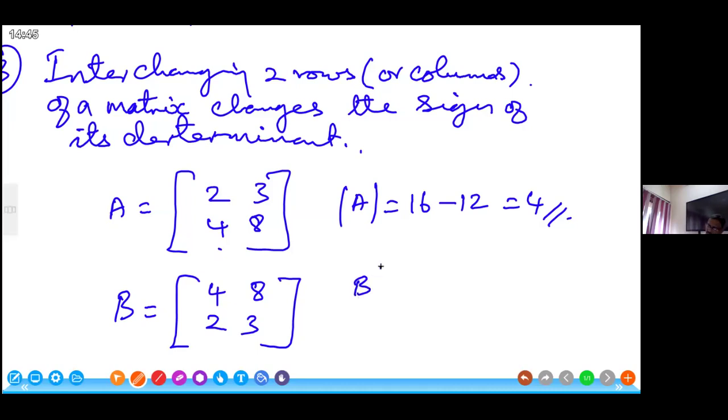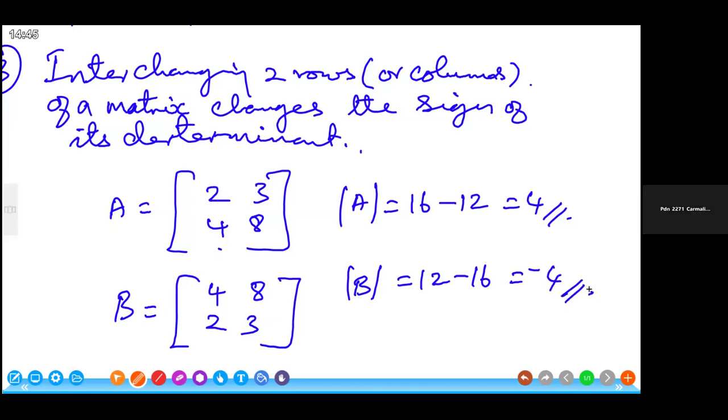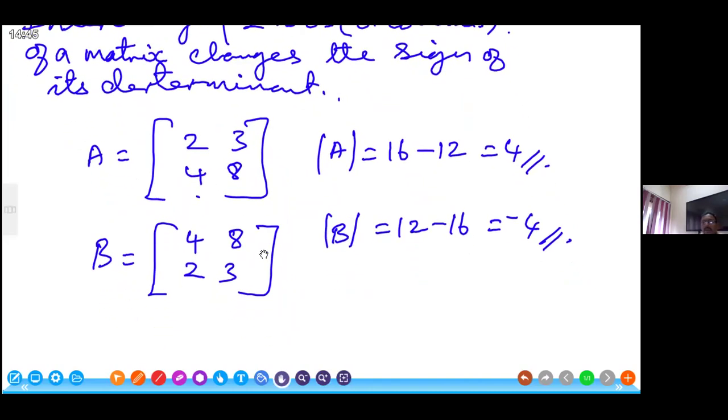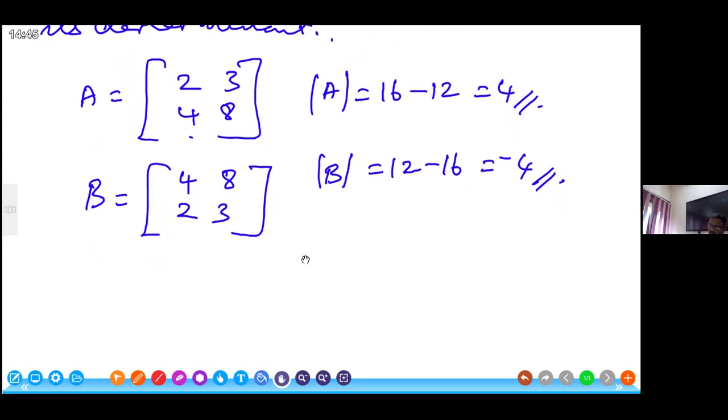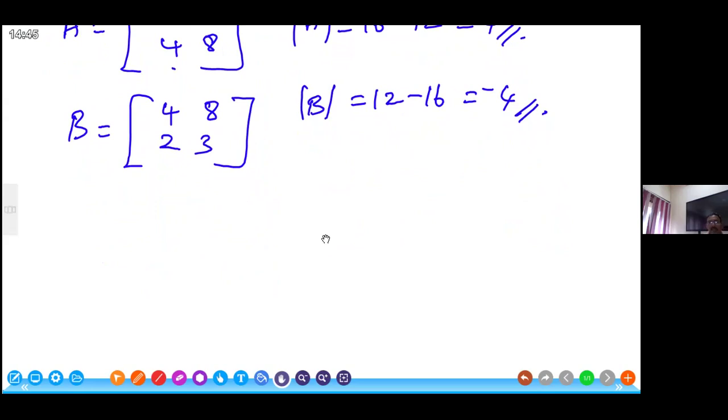So now the determinant is 12 minus 16, which is minus 4. Understood? Right. Next property, you can do it for a 3 into 3 matrix also. It takes time, so that is why I shifted to 2 into 2.